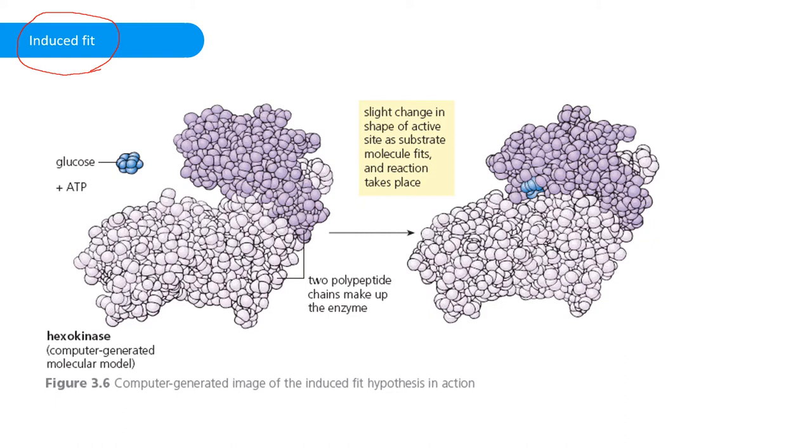And the induced fit theory just basically means that the active site has a slight change in shape. And hopefully you can see it here on the enzyme. So this is the substrate, or substrates, going into the active site, and hopefully you can see here, let's see if I can get green, there's the substrate, if you can see it.